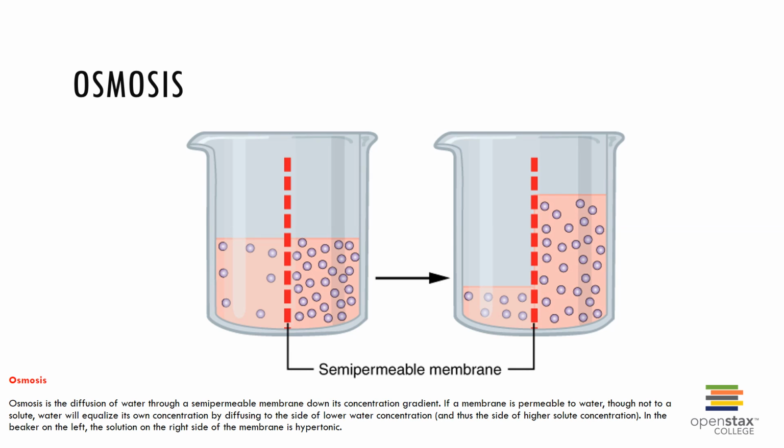So because water can freely cross the semi-permeable membrane, the water concentration is determined by the solute concentration. So water wants to go from the side of the beaker with low solute to high solute until the concentration of solute particles per water is equivalent on both sides of the membrane.